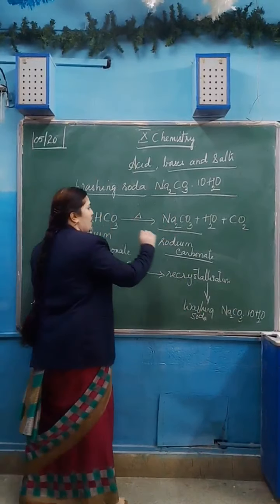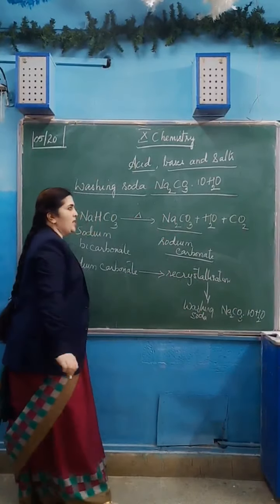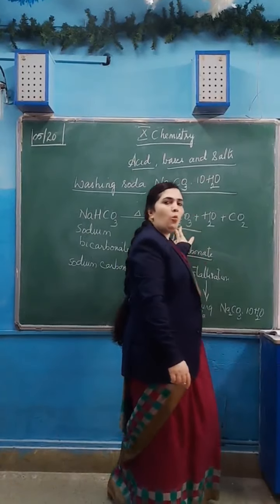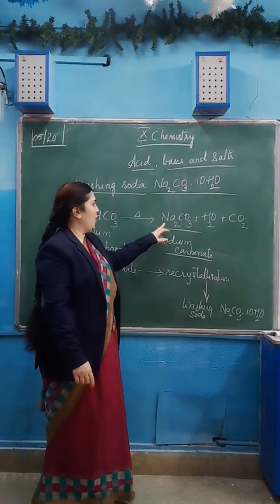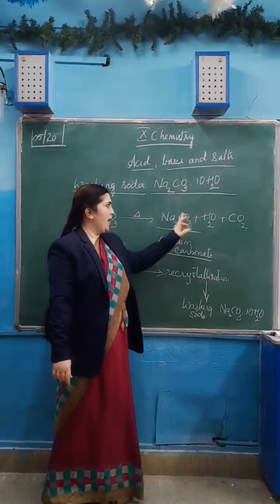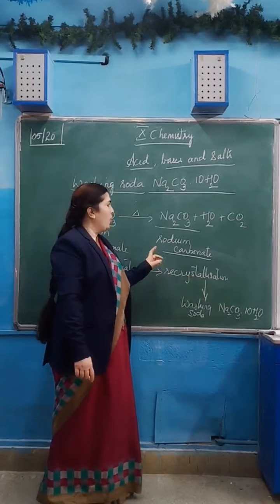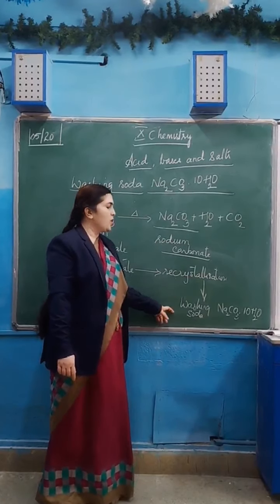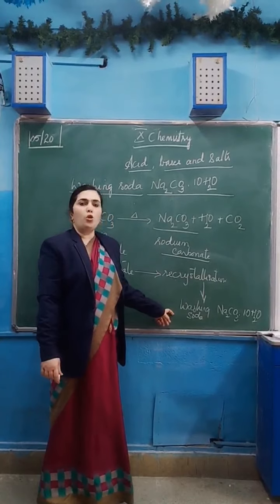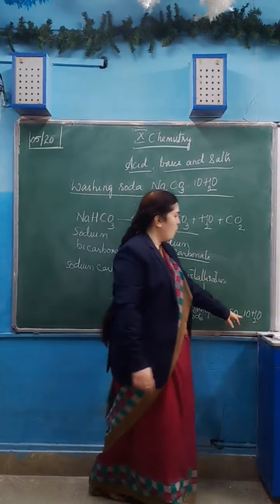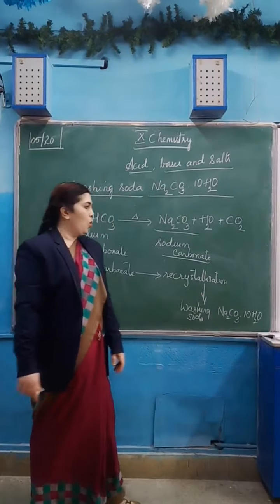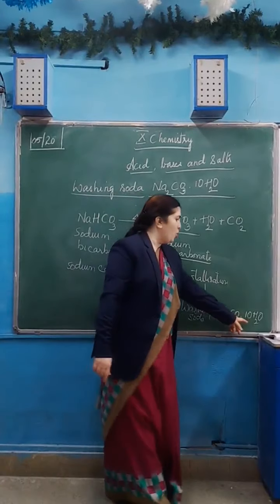Sodium carbonate is different, washing soda is different. There are no water molecules in sodium carbonate, Na2CO3; you cannot see any molecules of water. But washing soda has molecules of water, 10H2O, that is 10 molecules of water.